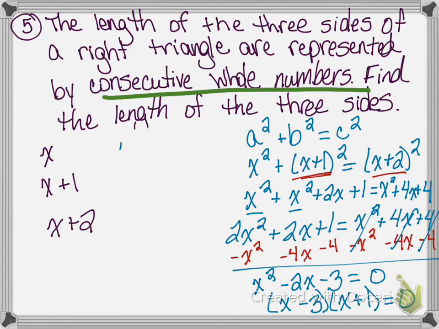So when I set each one of these equal to 0, okay, I get 3 and I get negative 1. Now we're talking about the length of the side of a triangle. So what does that tell you about the negative 1?